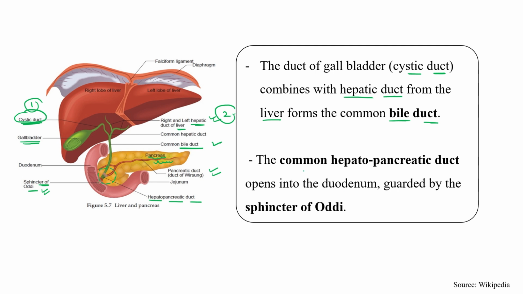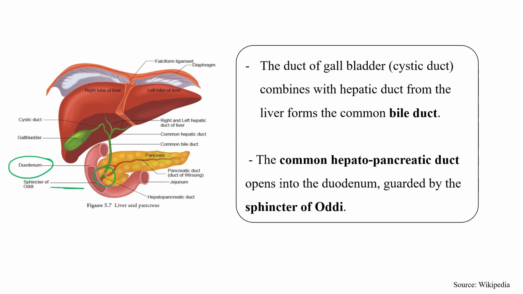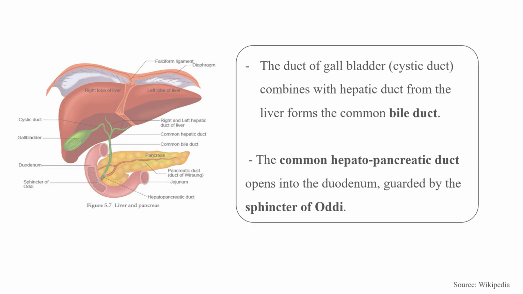This is the second thing you can clear right now with the help of this diagram, because both the ducts just open into the duodenum area of the small intestine. Clear? So the common hepatopancreatic duct opens into the duodenum, guarded by the sphincter of Oddi.